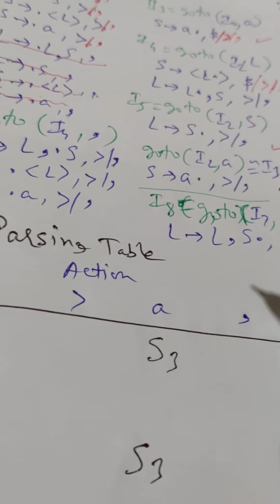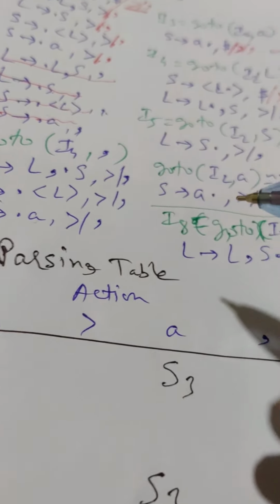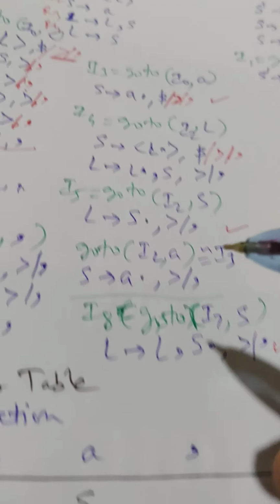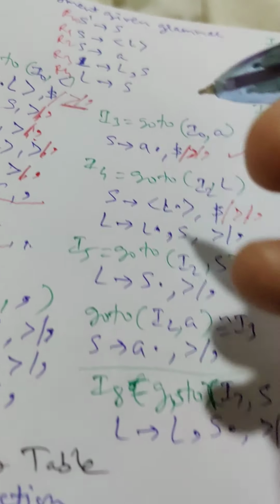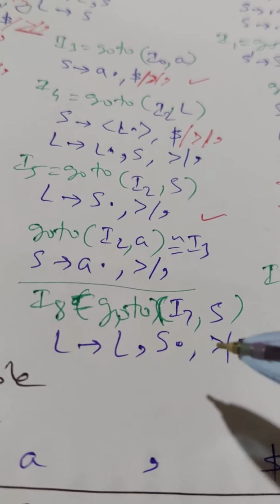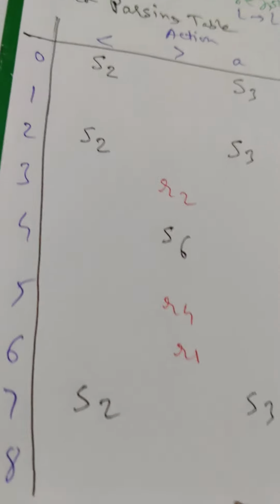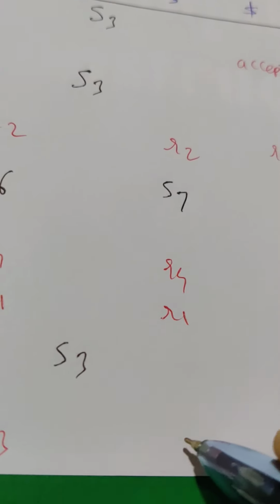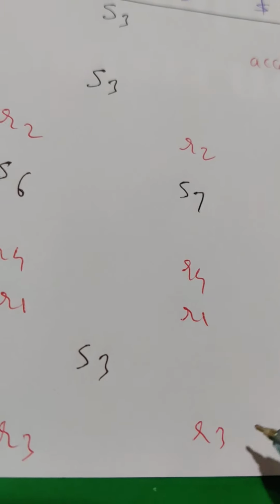Now I7, what is finishing in I7? Nothing. And then I8, we have here L goes to L comma S. So L comma S is rule number 3. So rule number 3 in greater than and comma: under greater than R3 and under comma R3. So we're done.